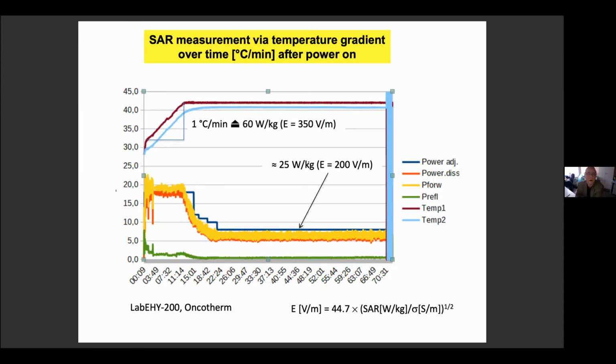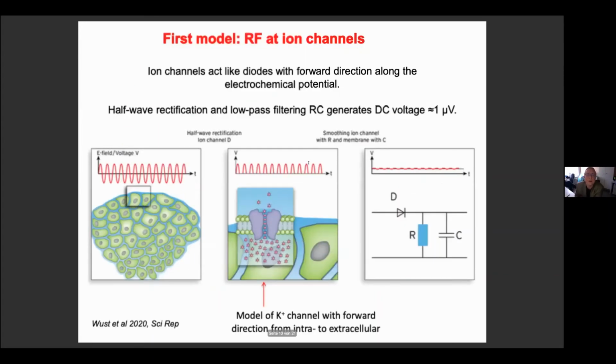Our first model deals with the effects of radiofrequency at ion channels. This is an ion channel. Ion channels act like diodes with forward direction along the electrochemical potential. In the case of a potassium channel, which is shown here, the electrochemical potential is going from intracellular to extracellular.